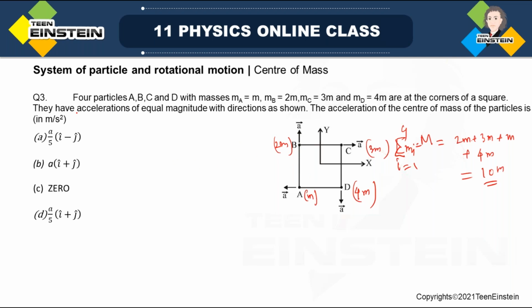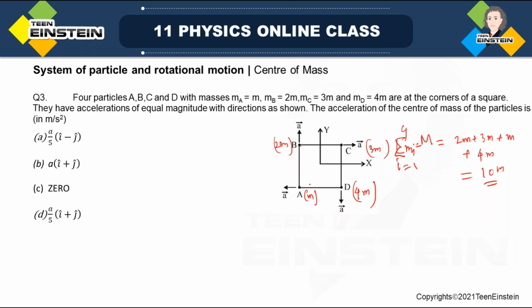Okay, now if I need this, I can just get it. So these four masses are at the corners of a square, and they have accelerations of equal magnitude with directions shown in the figure.